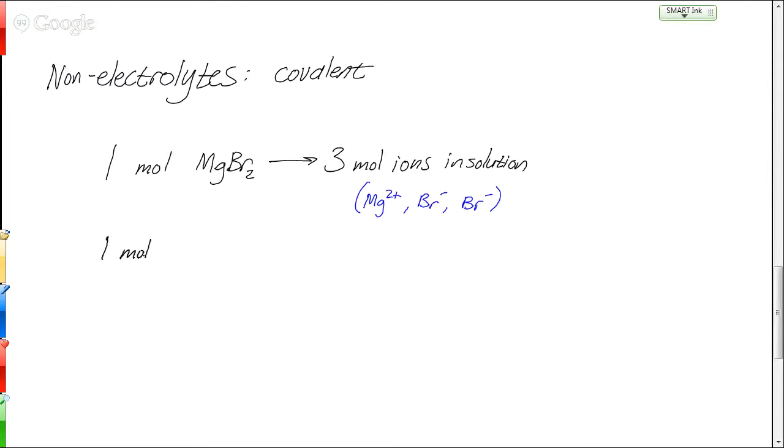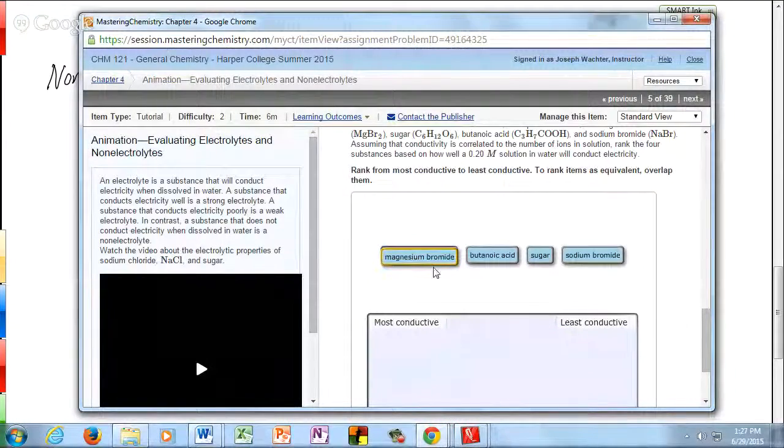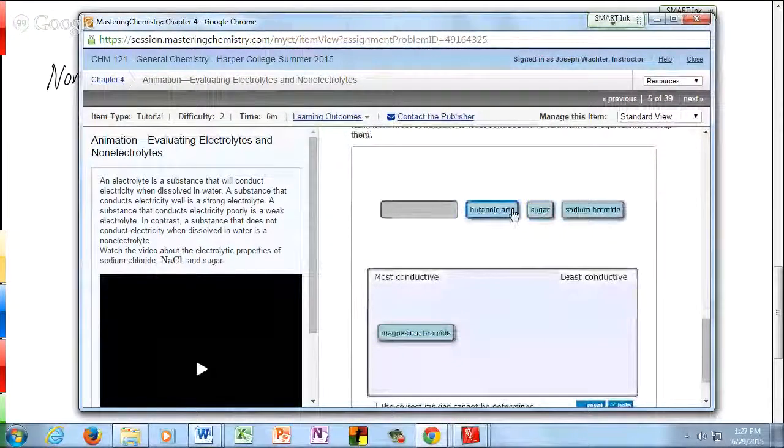And 1 mole of sodium bromide only breaks up into 2 moles of ions. So per mole, you've got more of the other. So that should be more conductive per mole.